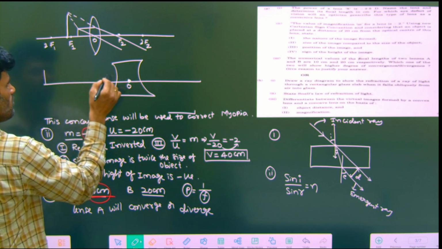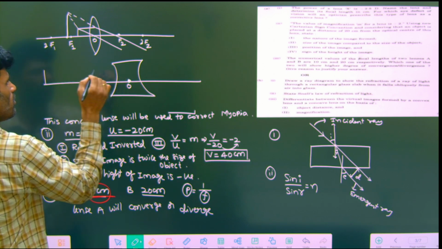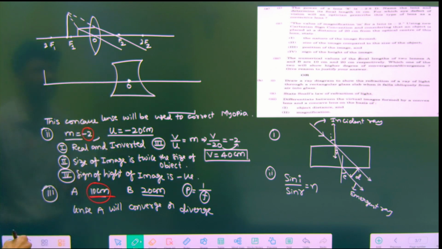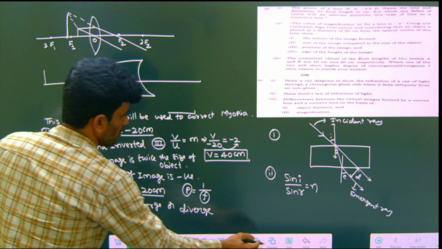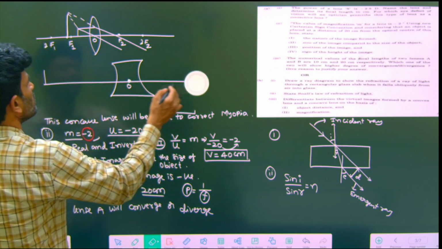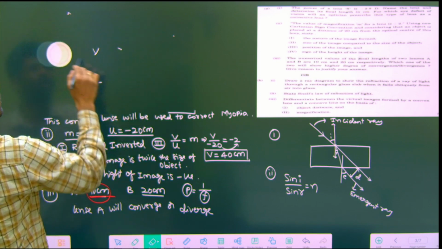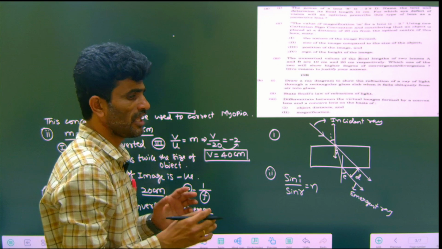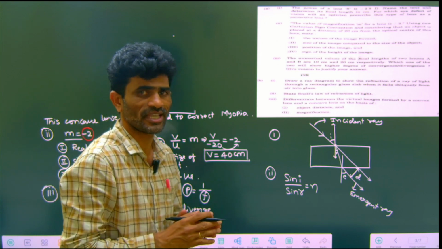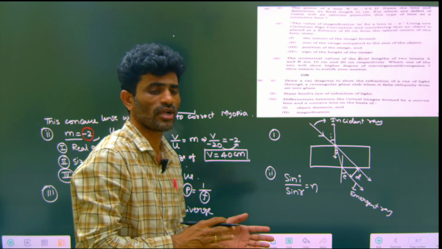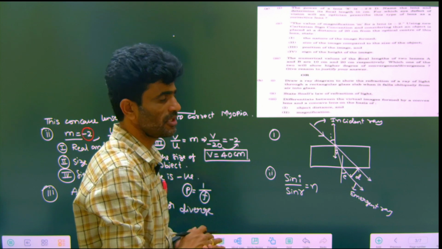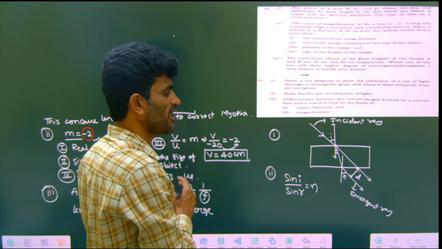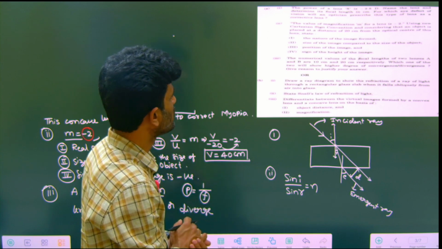We get virtual, erect and diminished image. So this is based on object distance. When it is convex lens, when object is kept between focus and optical center, we get virtual image. Whereas in concave lens, when you keep anywhere between infinity and optical center, we get virtual image.